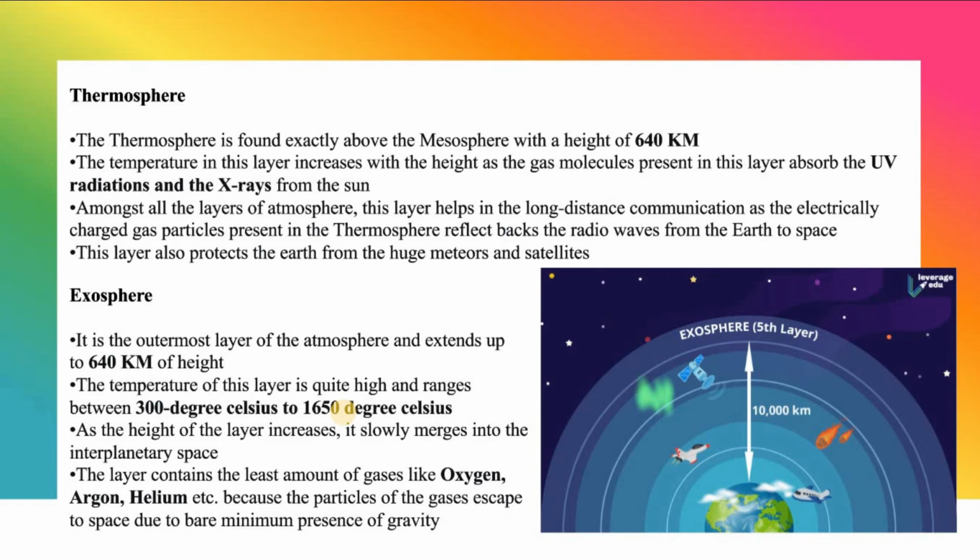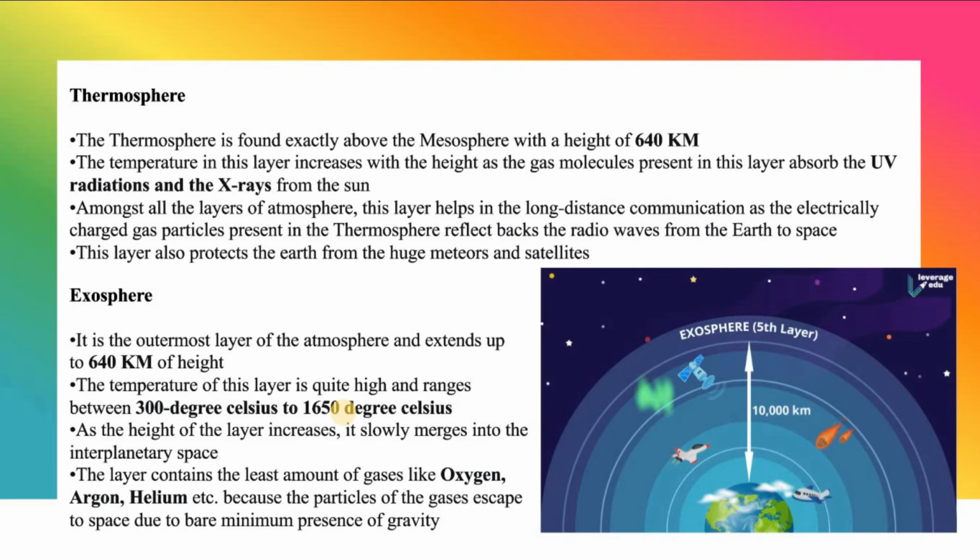This layer helps in long distance communications, as the electrically charged gas particles present in the thermosphere reflect radio waves from the earth back. This layer also protects the earth from huge meteors and satellites.